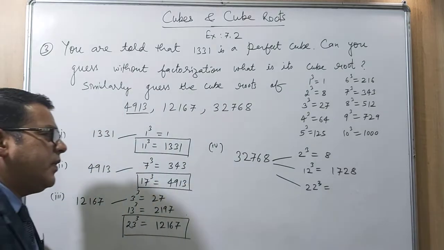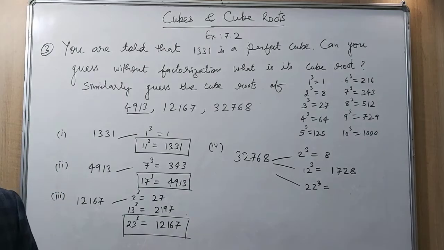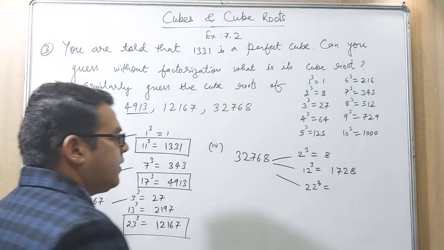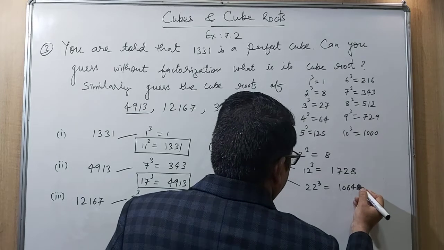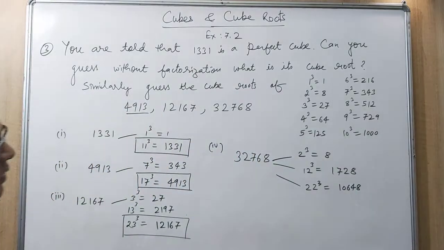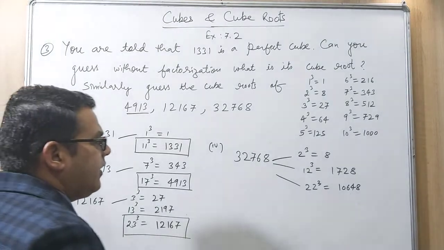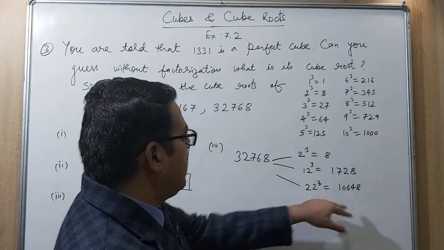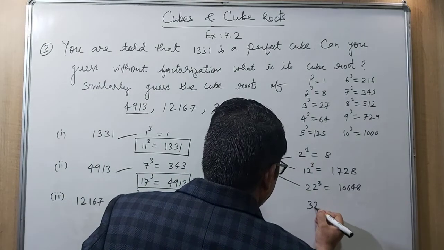After 12, the number which ends with 2 is 22. And cube of 22 is 10,648. You can check it also. It means this number is also less than this number. So the next number that we will find is 32.